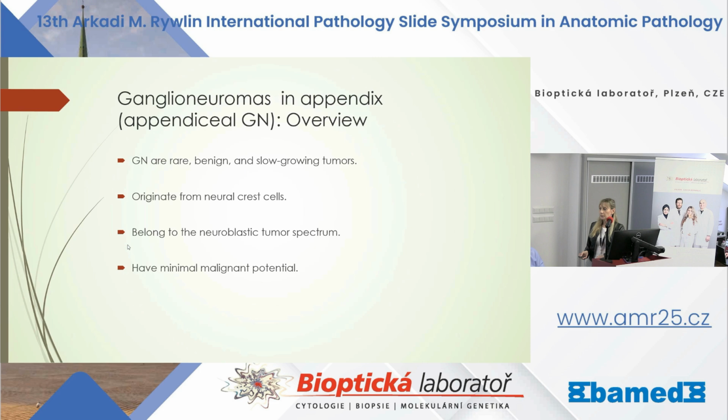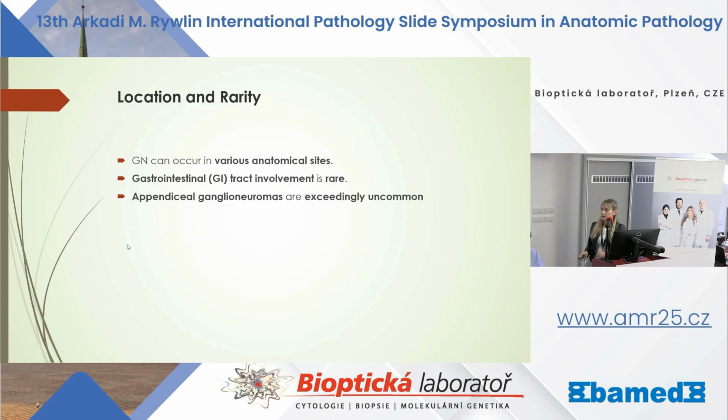Ganglioneuromas are rare, benign, and slow-growing tumors that originate from neural crest cells and belong to the neuroblastic tumor spectrum, having minimal malignant potential. Ganglioneuroma can occur in various anatomical sites. GI tract involvement is rare, and appendiceal ganglioneuromas are extremely rare.